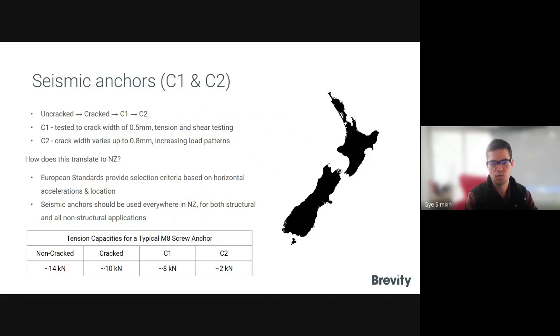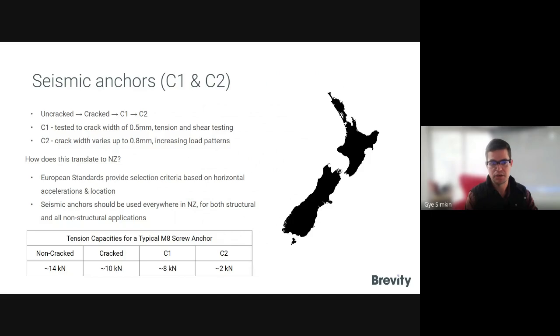And what does this mean for New Zealand? So the European standards provide selection criteria based on a few parameters. Horizontal accelerations and location are the main ones.